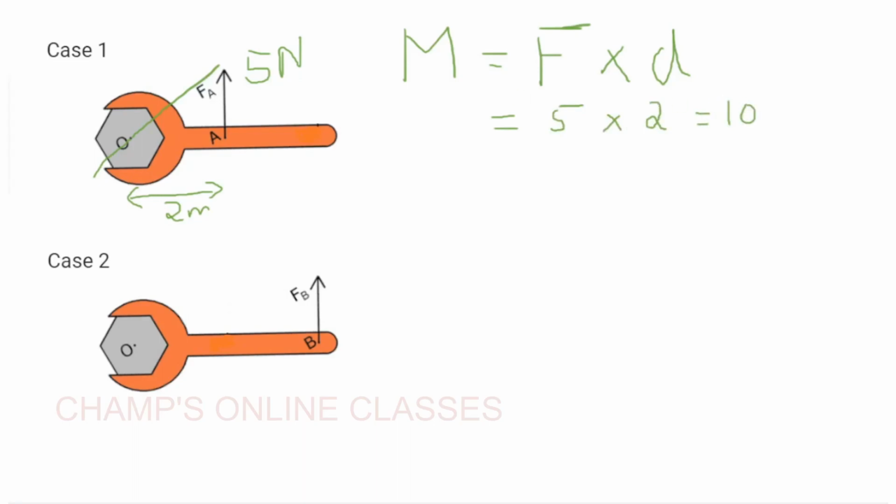Okay, now what will be your unit for moment of force? What is your SI unit for force? Newton. And what is your SI unit for distance? Meter. So the unit of your moment will be Newton meter. Now if I want to increase this moment without changing the distance at which I'm applying, the only way is by increasing the force.